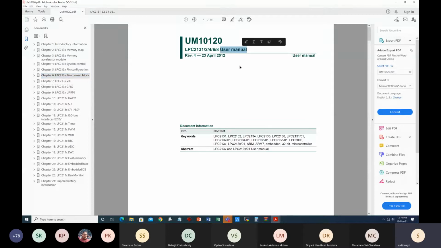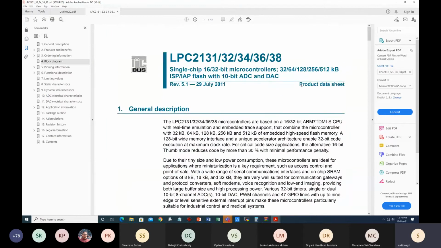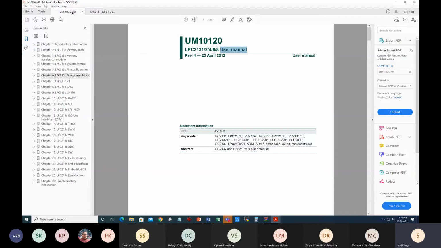A user manual is detailed documentation for any microcontroller, as you had seen partially for the 8051. For all modern microcontrollers, you will find a datasheet like this, called a product datasheet or simply datasheet, and then an adjoining document, which is a user manual. The user manual is a long document that explores each and every block or peripheral in detail.